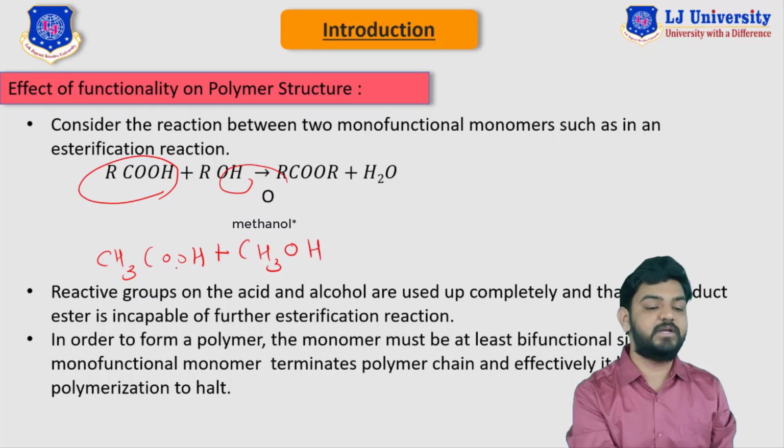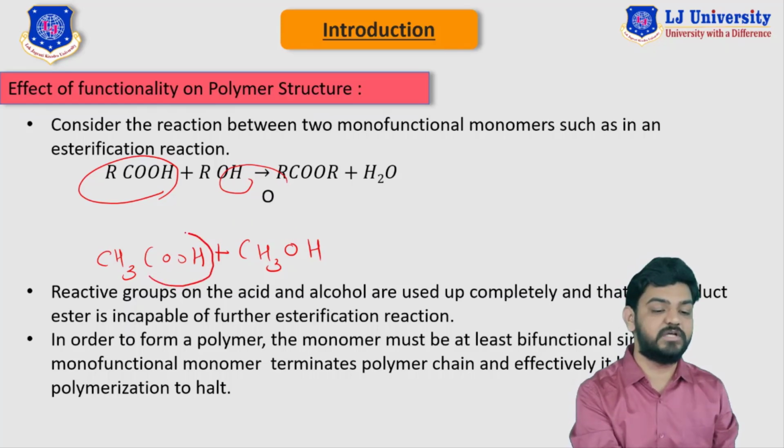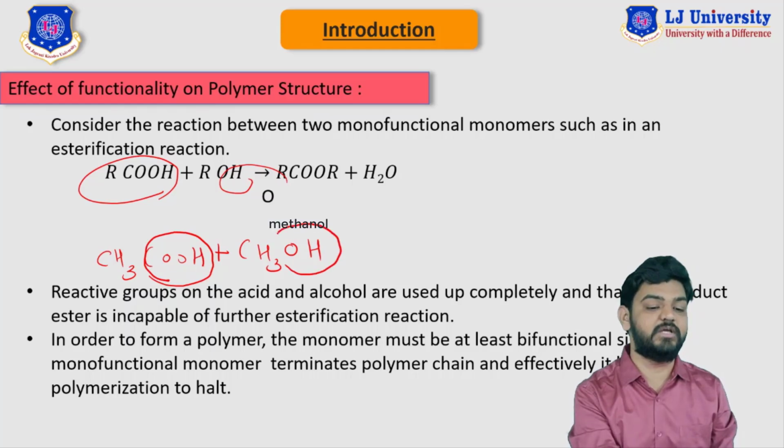This particular acetic acid has one functional group, COOH, and this ethanol or methanol molecule has a functional group of OH. So both have only one functional group. They are monofunctional monomers.